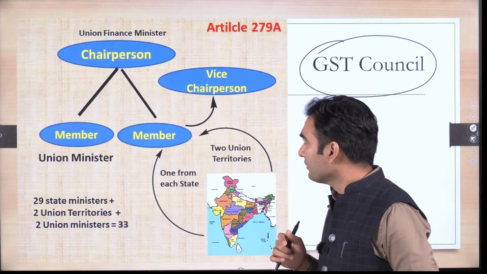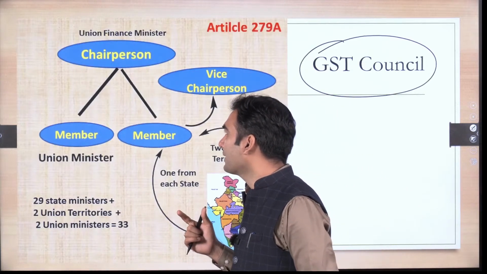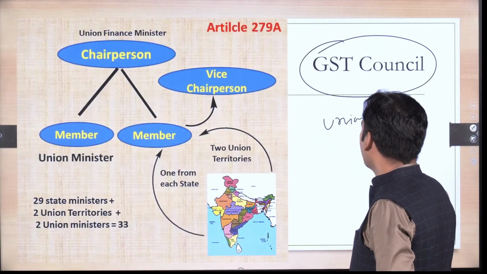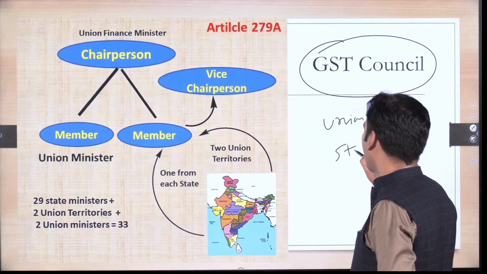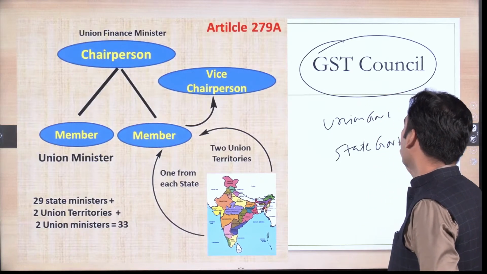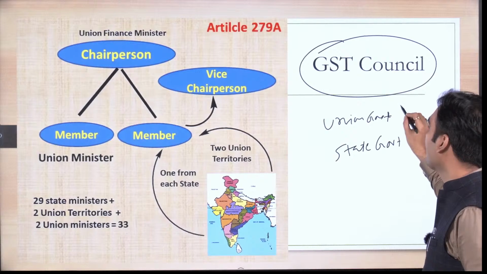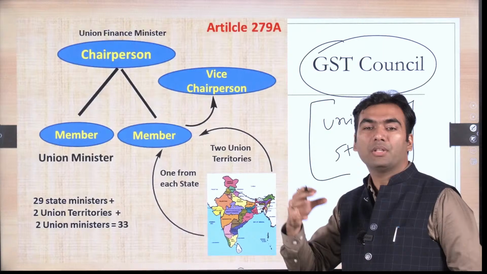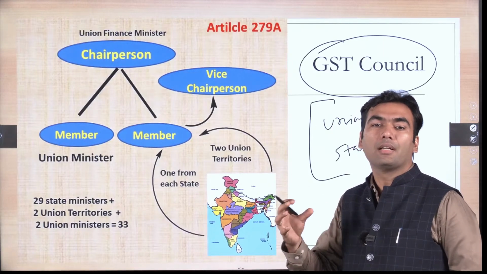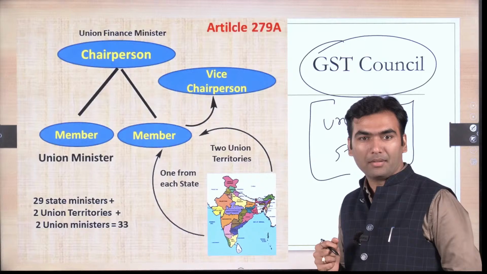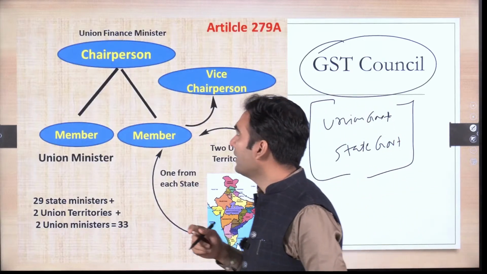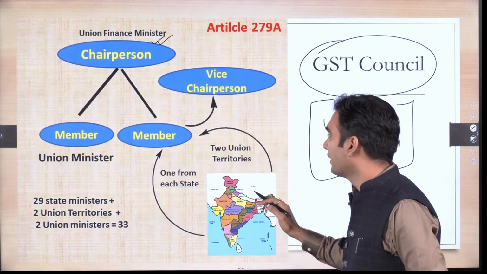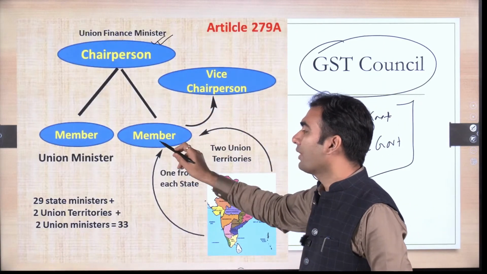This is a body which has representation from both the union government as well as the state governments, which is a good thing, that both union and states come together and decide on any particular matter.